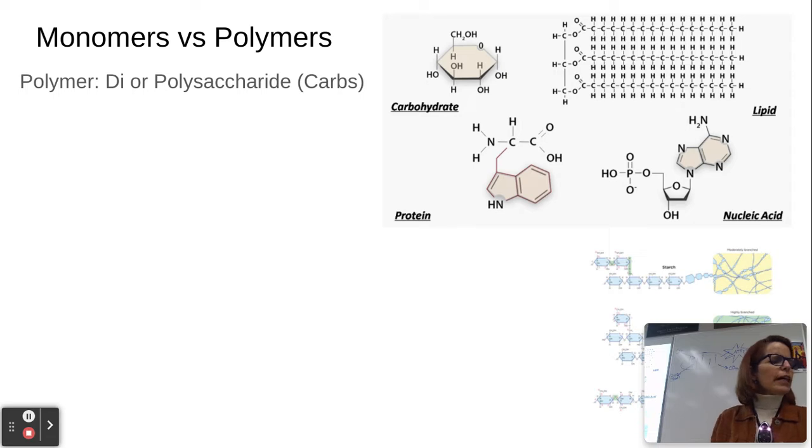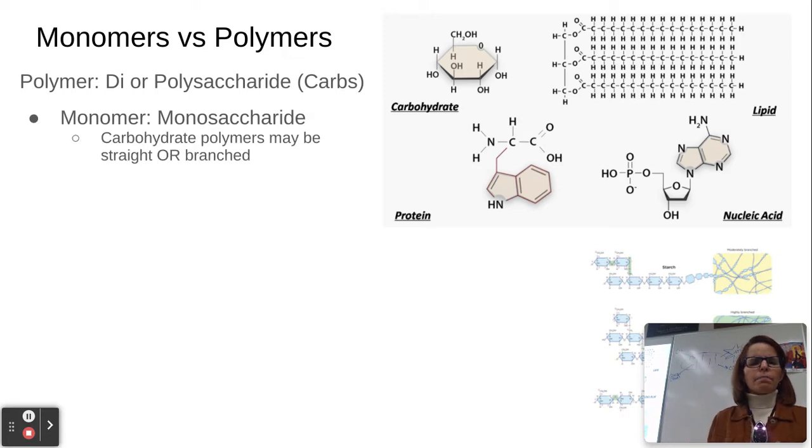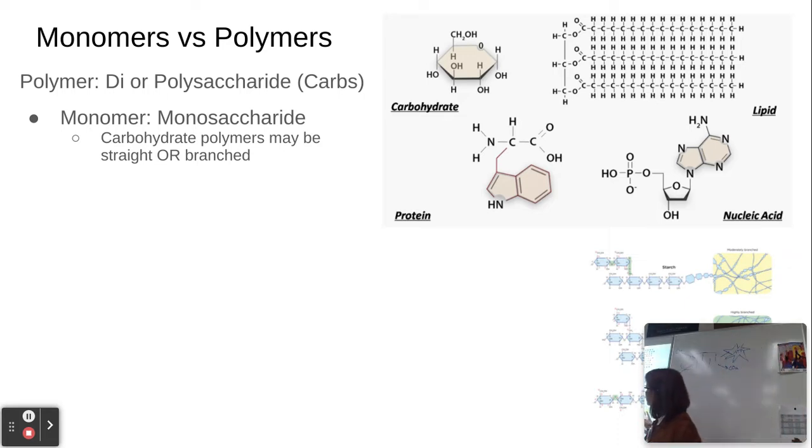For the carbohydrates, the monomers are the monosaccharides. And then carbohydrates can be straight or branched. I just added this image. It's not working. What am I screwing up? Oh, it's right there. Okay. I added this image. I know it's totally hard to see, but these are examples of carbohydrates.